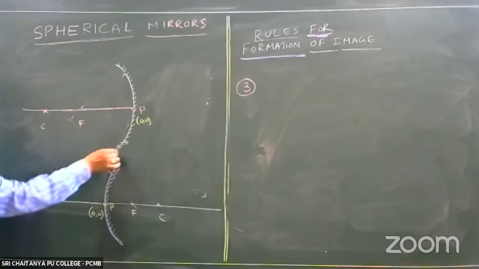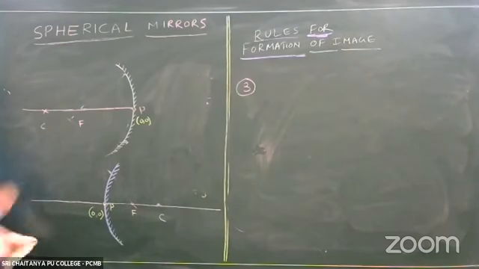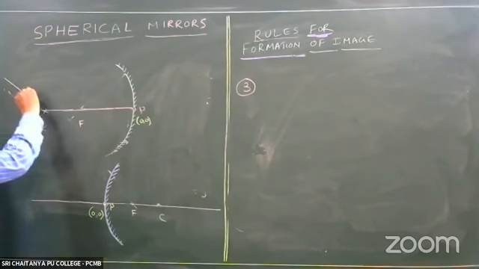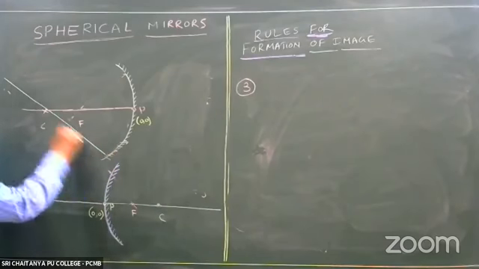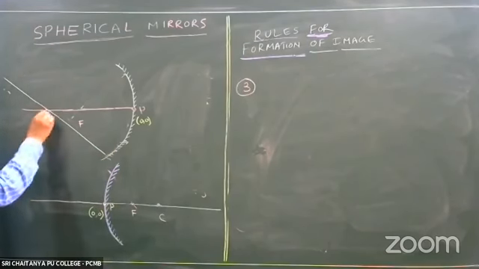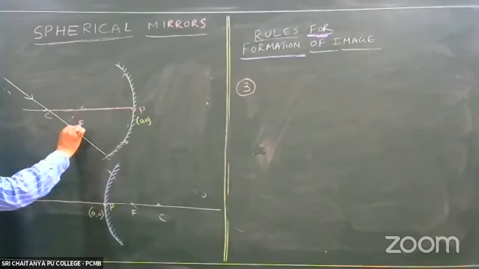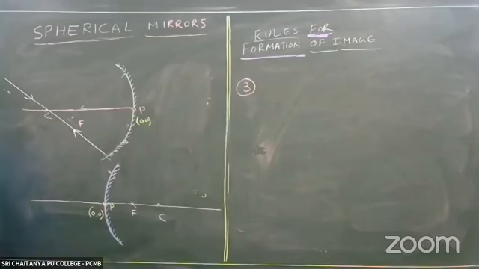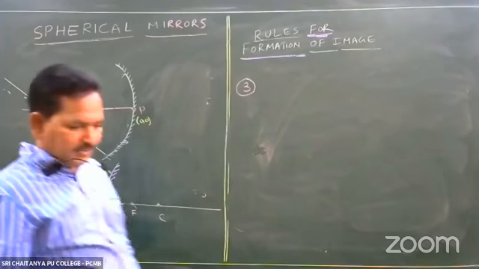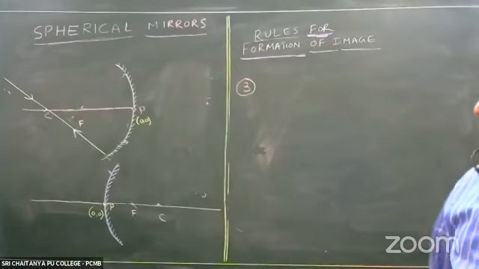If the light ray passing through the center of curvature falls on the mirror, it will retrace its path. After reflection, it will retrace its path.